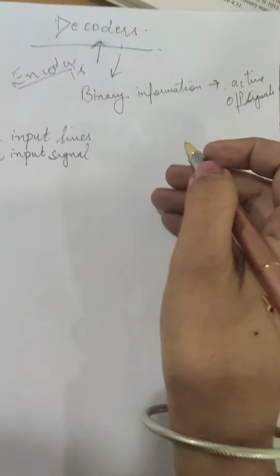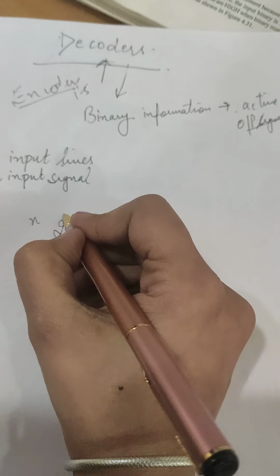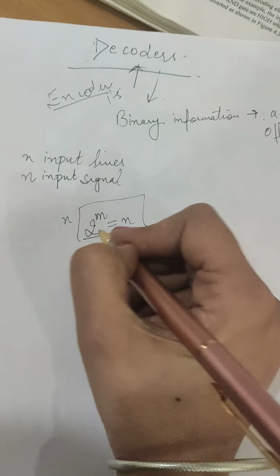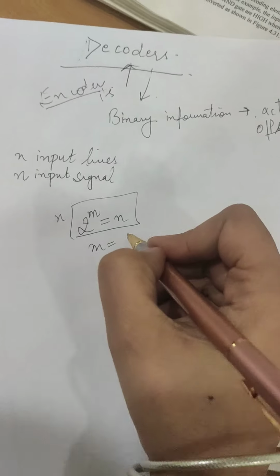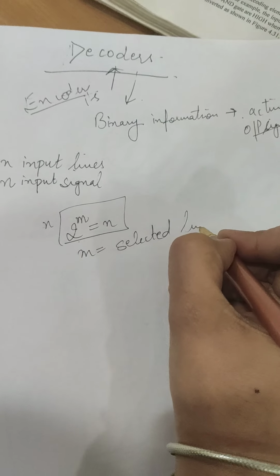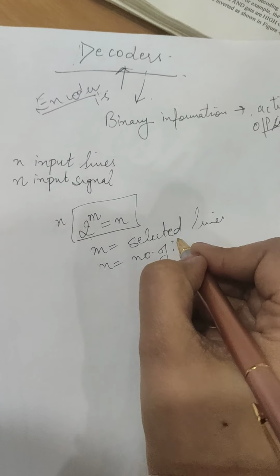To find the n input we use the formula 2 raised to the power m is equal to n, where m is the number of selected lines or selected inputs, and n is the number of inputs.